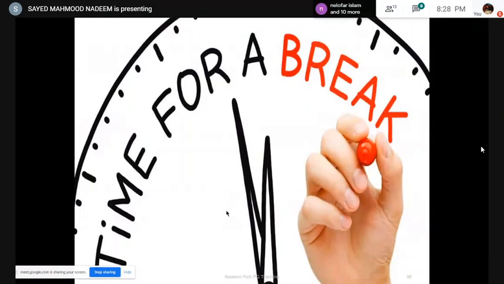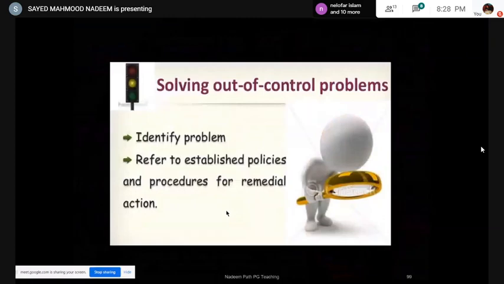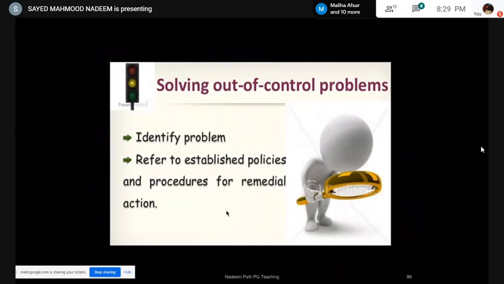In the next lecture, we will try to talk about solving out-of-control problems in practice. Suppose we have a 1-3S deviation. What do we actually do? We will also talk about, suppose we run a control in the morning at 8 o'clock and it is fine.